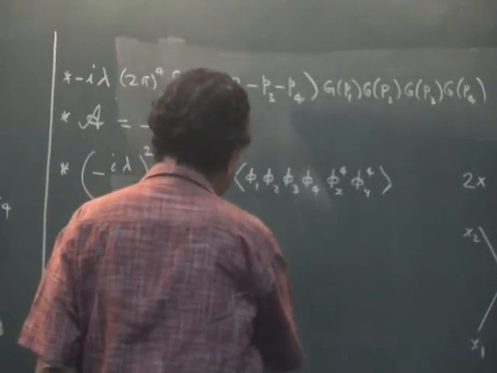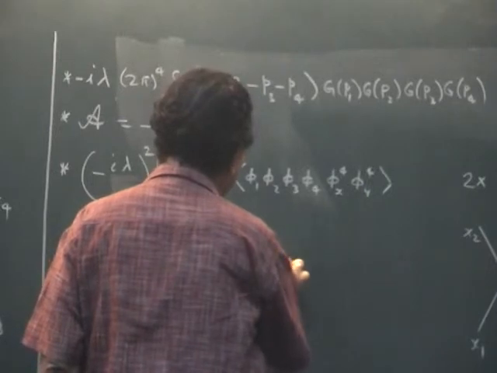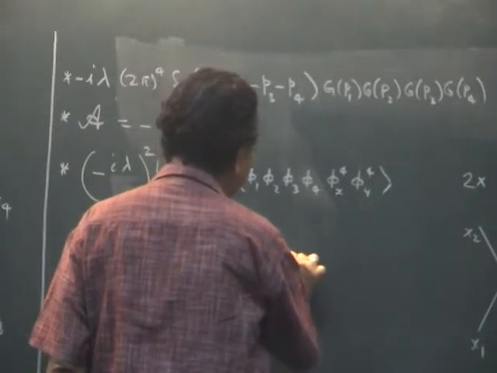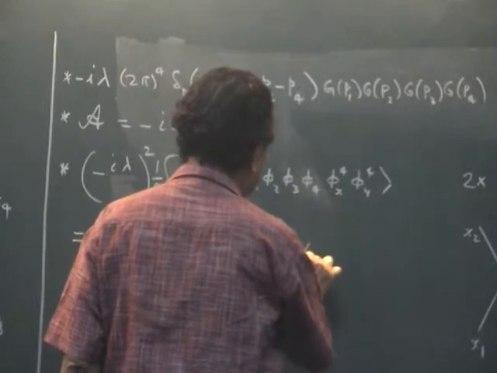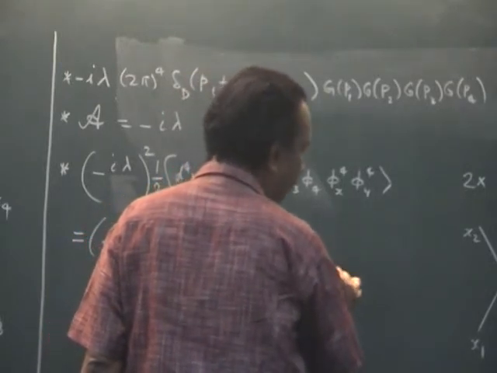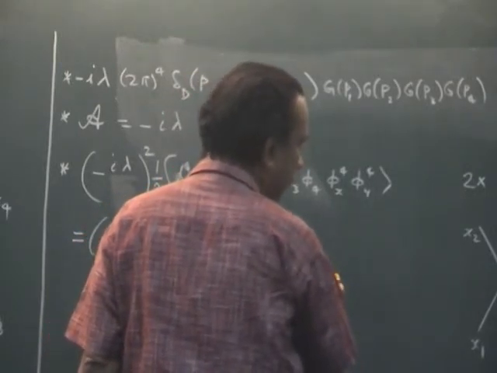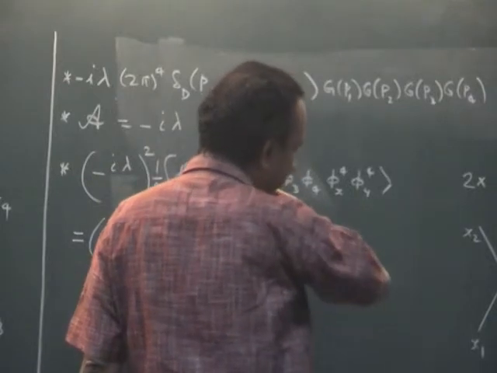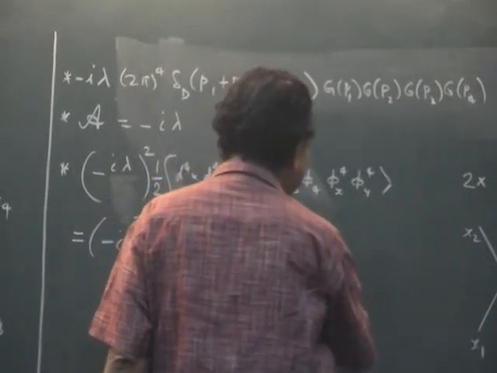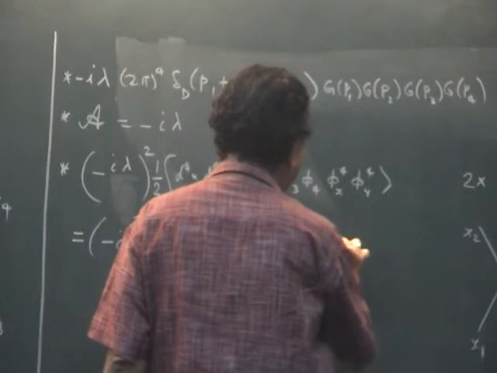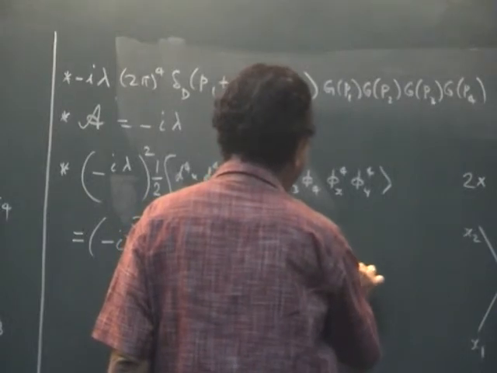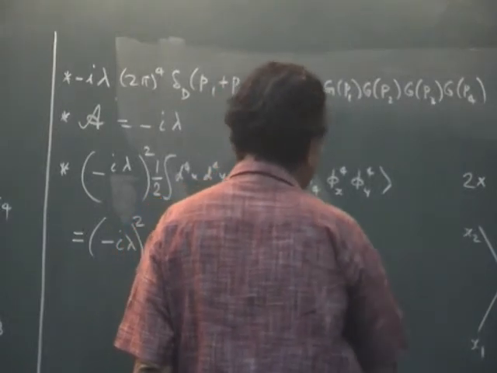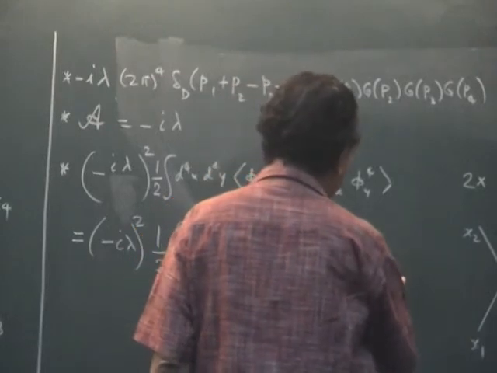This will be x1 x, x2 x, and similarly x3 y, y x4.